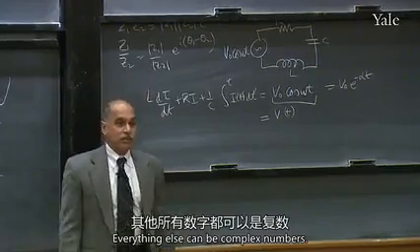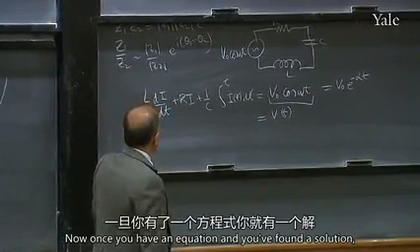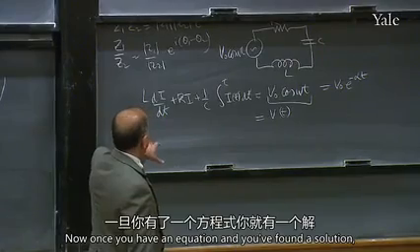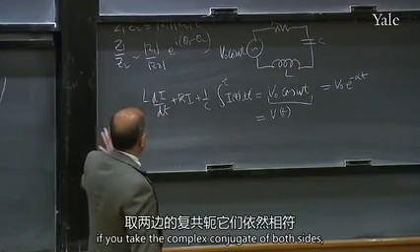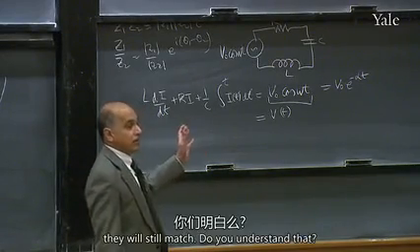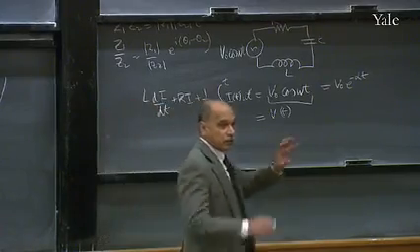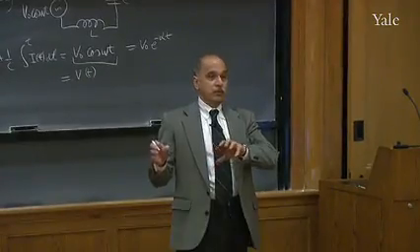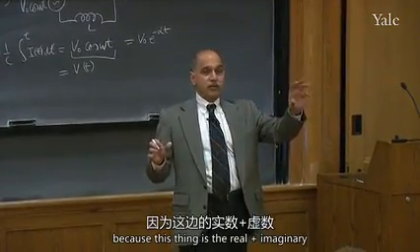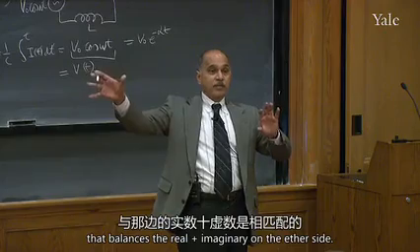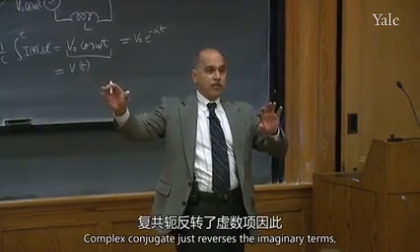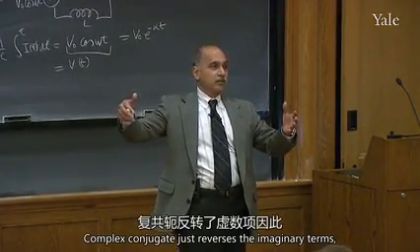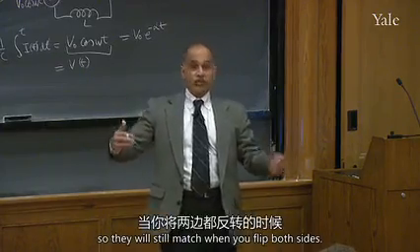Everything else can be complex numbers. Now, once you have an equation and you found a solution, if you take the complex conjugate of both sides, they will still match. Do you understand that? If two things are equal, their complex conjugates are equal, because this thing is the real plus imaginary. That balances the real plus imaginary on the other side. Complex conjugate just reverses the imaginary terms, so they will still match when you flip both sides.